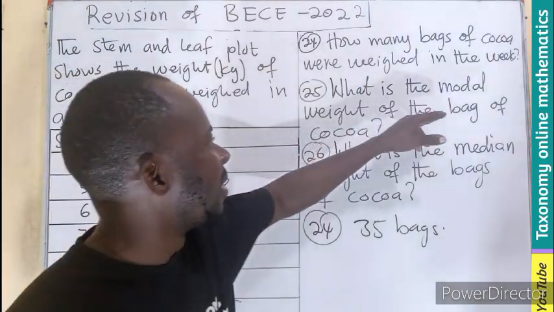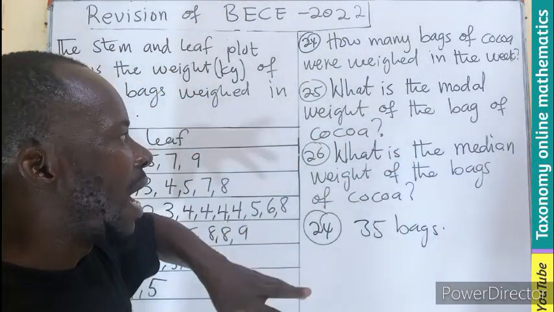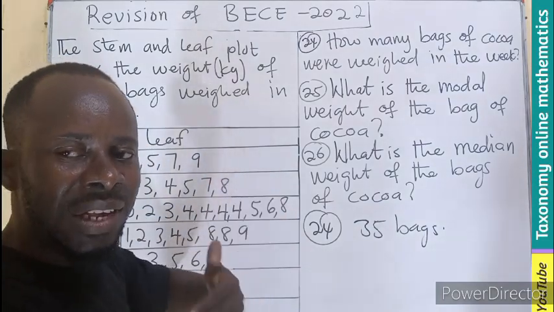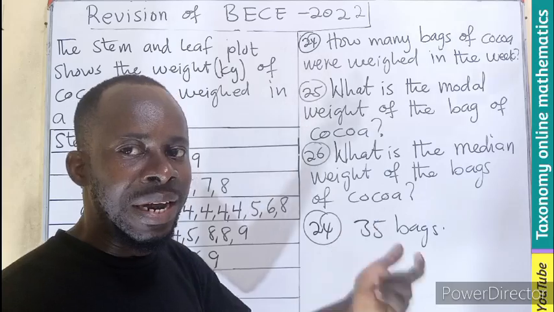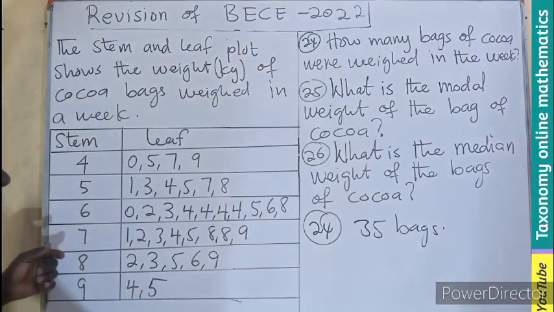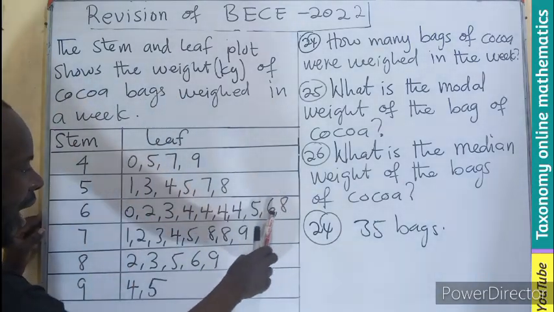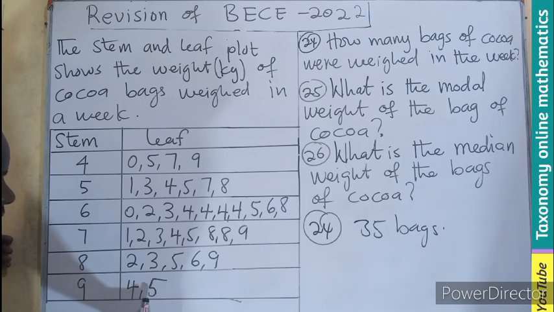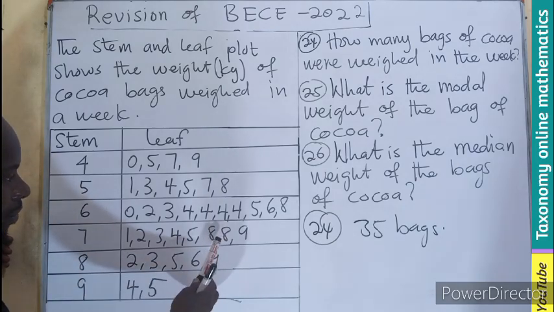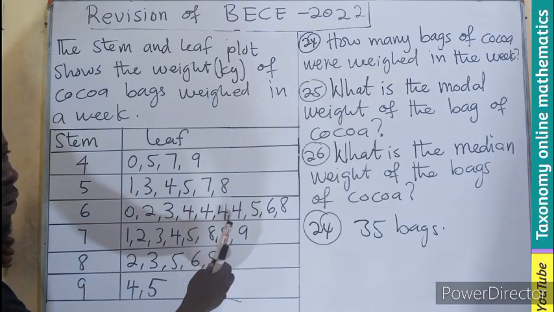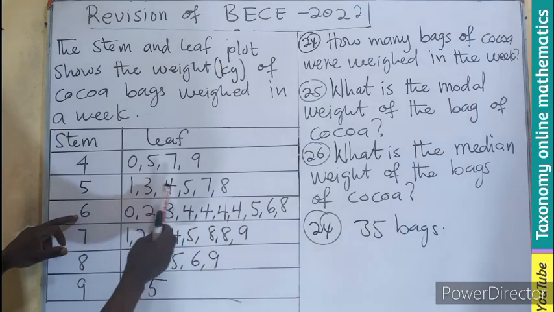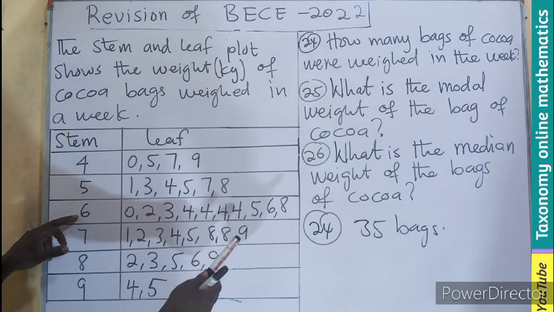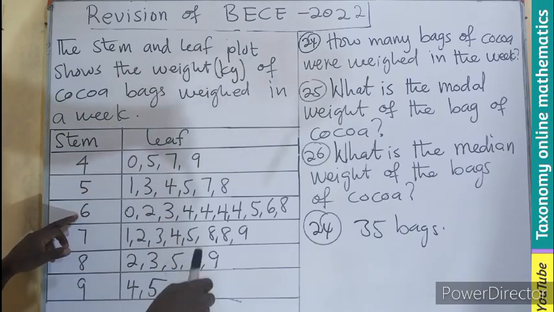All right. What is the modal weight of bags of cocoa? Modal weight is the number that appears the most in the data. So in this case, if I look through which number appears the most, I can see 8 twice, and 64, 64, 64, 64. So that is the number that is repeating.